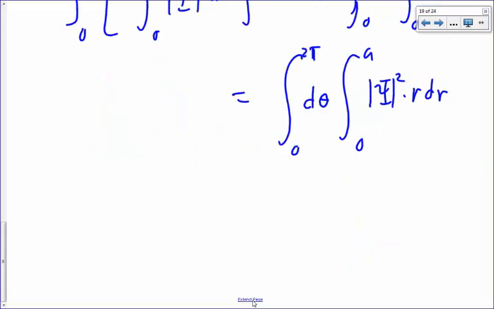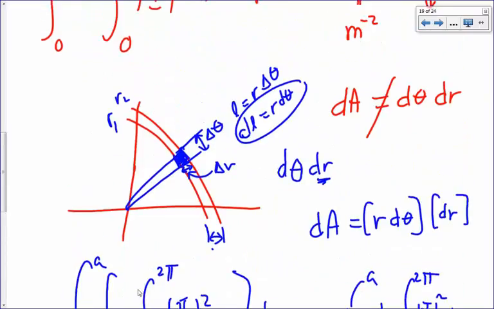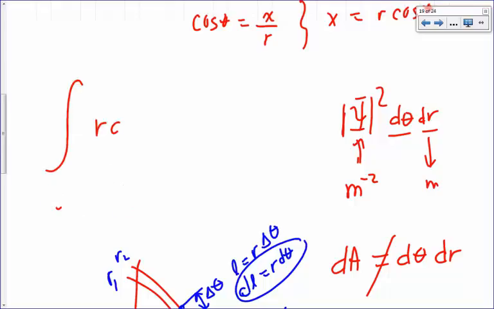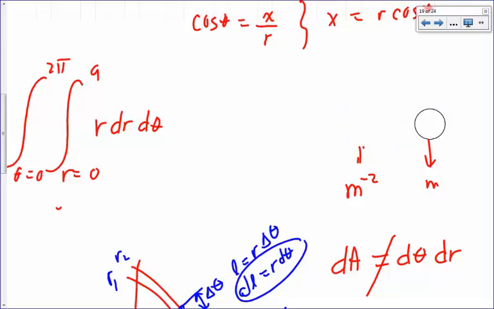Now, let's verify that this is in fact correct. What would be the integral of just r dr d theta from r equals 0 to a, and from theta equals 0 to 2 pi? Let's just separate them.